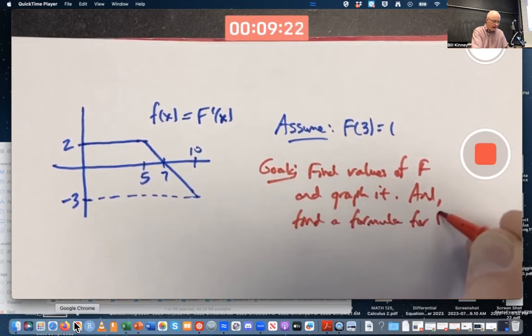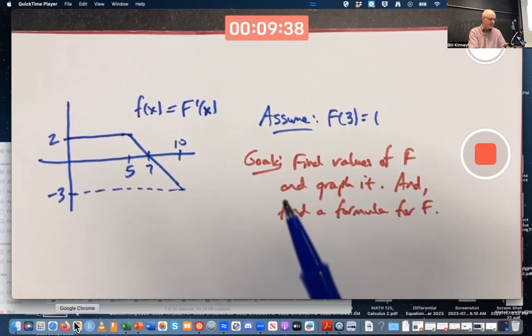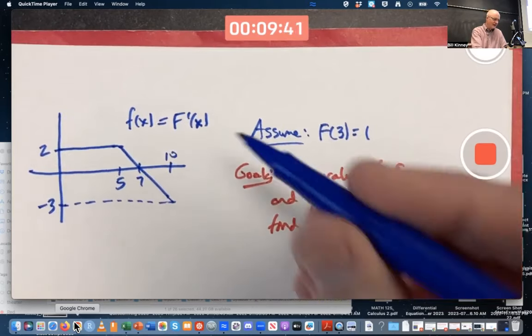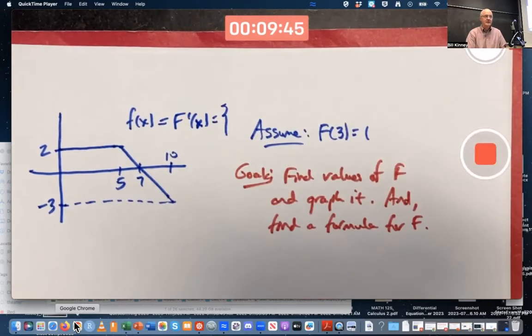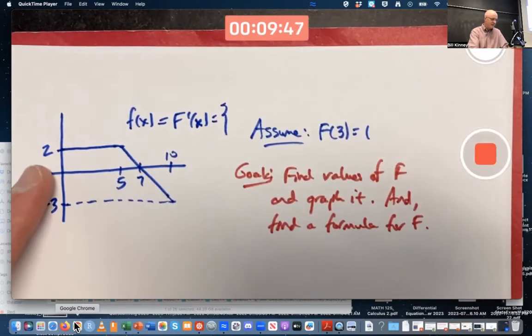Now, the formula for little f, you can see here, because little f is made up of two pieces that are straight lines, not the same straight line, would be a piecewise formula. Let's go ahead and write it down. I don't always do this on these kinds of problems, but it can be done. Little f of x equals 2 if x is between 0 and 5.